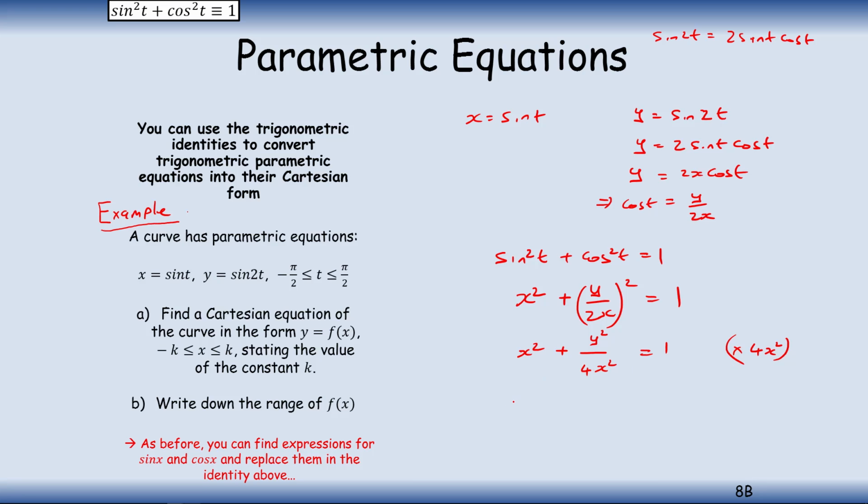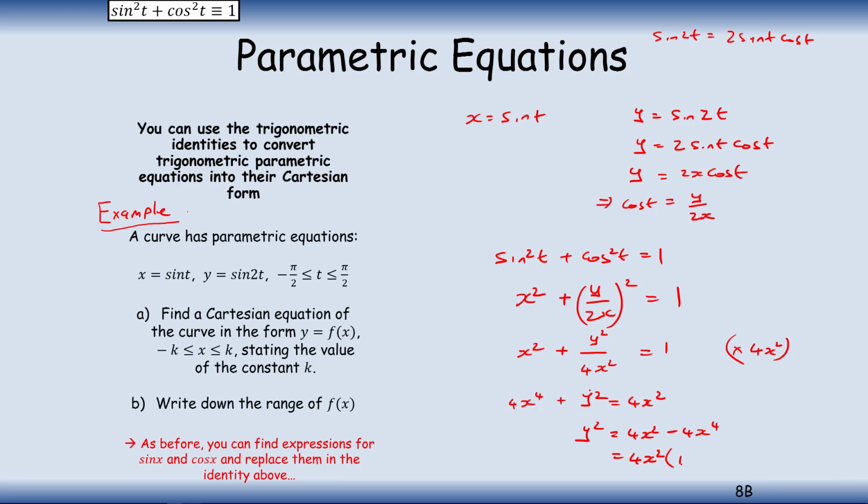We end up with 4x to the power of 4 plus y squared is equal to 4x squared. So that means that y squared is equal to 4x squared minus 4x to the power of 4. Can we factorize that? I think we can.